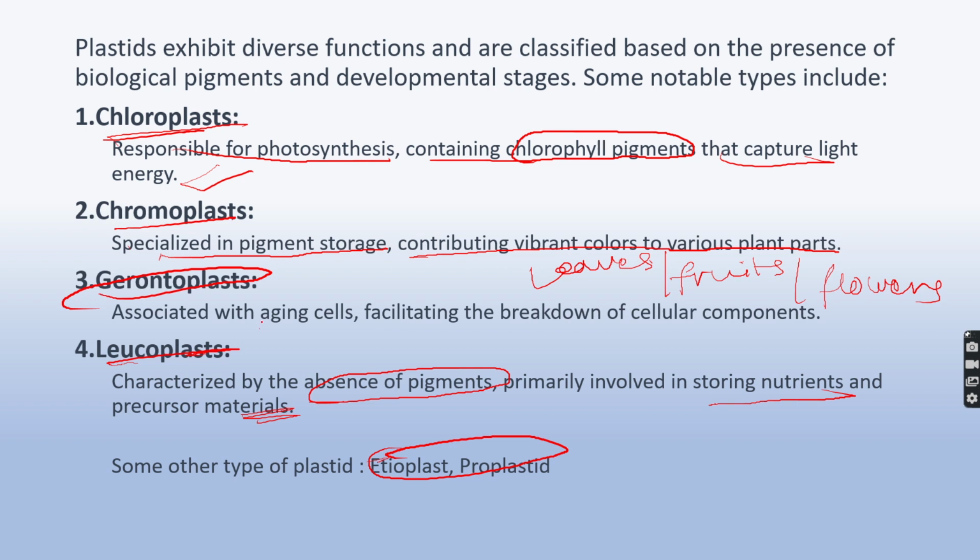And gerontoplasts, if we see, are basically part of aged cells and facilitate the breakdown of cellular components. Etioplasts are one form of chloroplast.